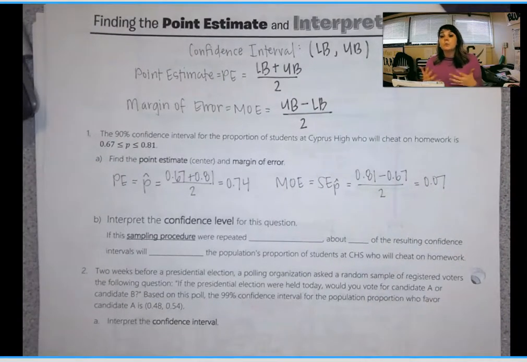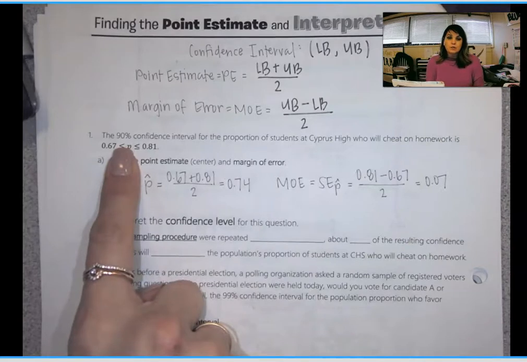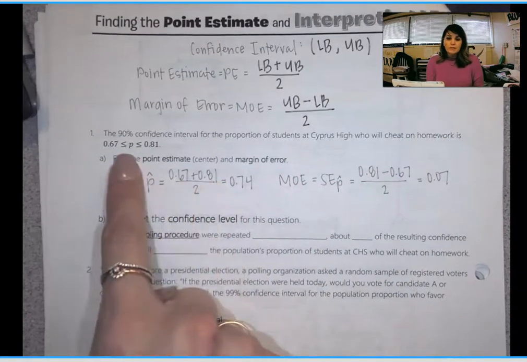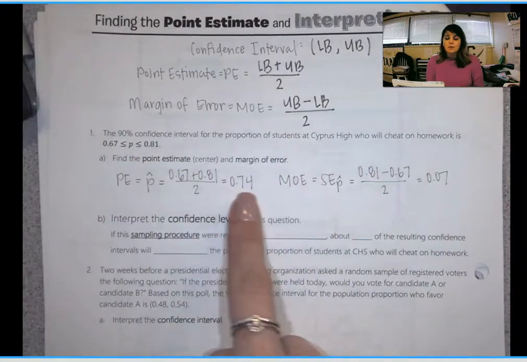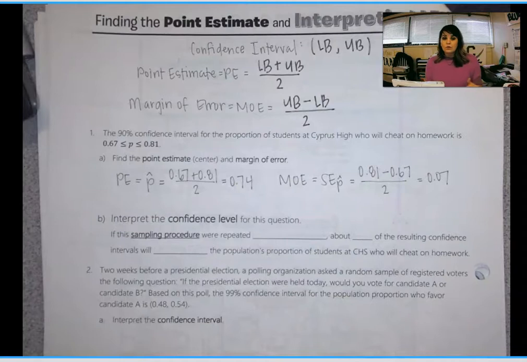Or we could be off. Not we are. We could be off by 7%. That is how your confidence interval was built. 7% below 74 is 67, and 7% above 74 is 81. So our confidence interval is any value between 67% and 81%.